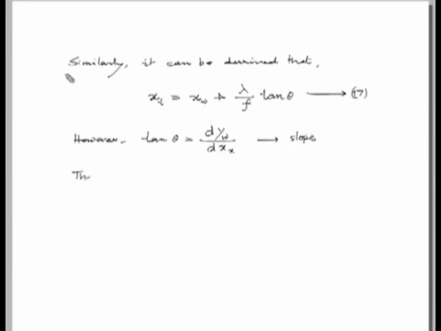Then using this concept, the equation 17 can be rewritten as x t equal to x w plus sigma by f into d phi by dx w.